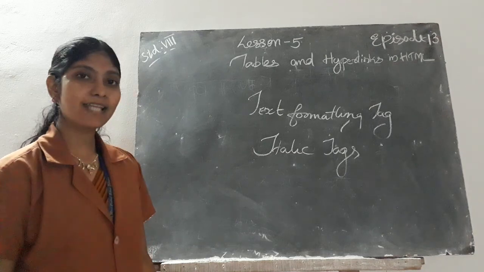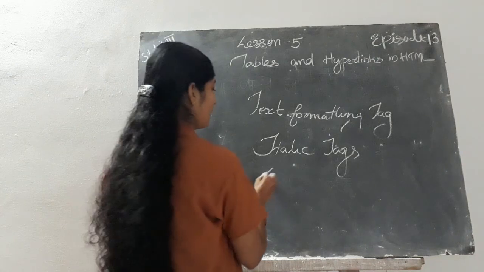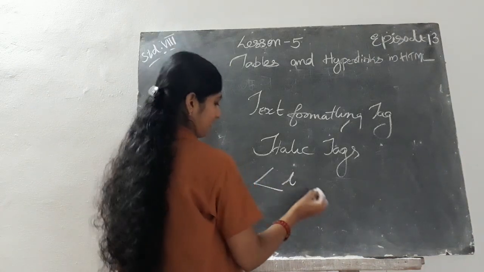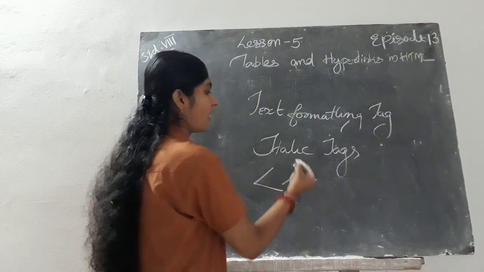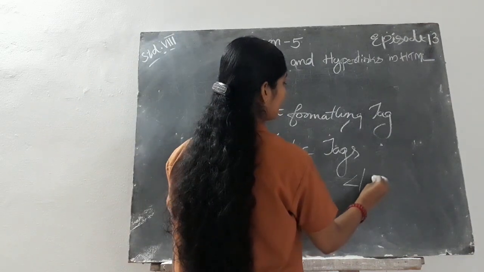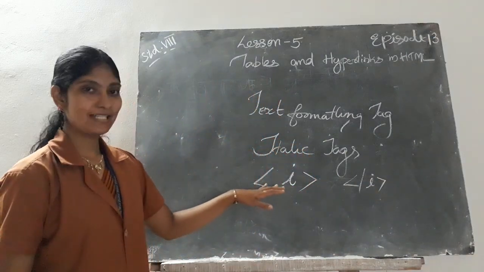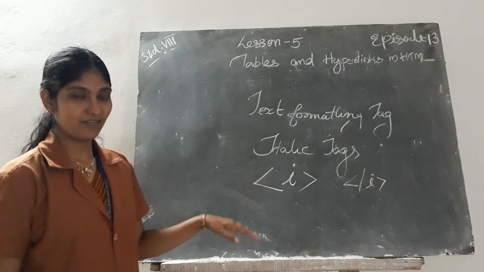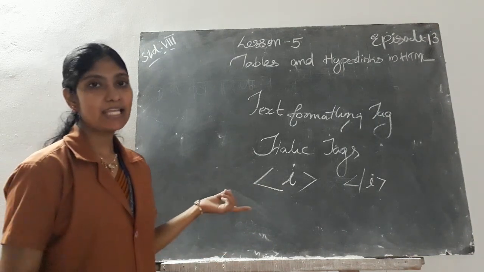So italic tag can be represented using the letter I. It should look like this: I. This is the opening of the italic tag and this is the closing of the italic tag. So this is the italic tag. We can type the text in italic format.